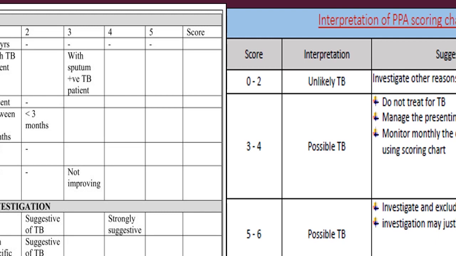So on the basis of it, a score is given to the individual finding, and then the aggregate of score is interpreted.